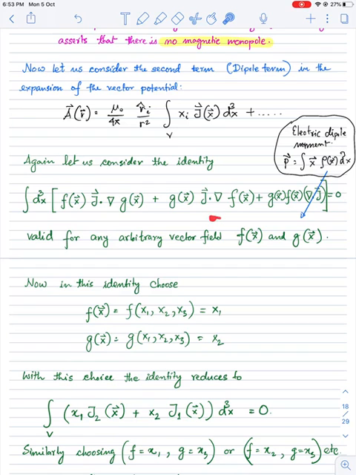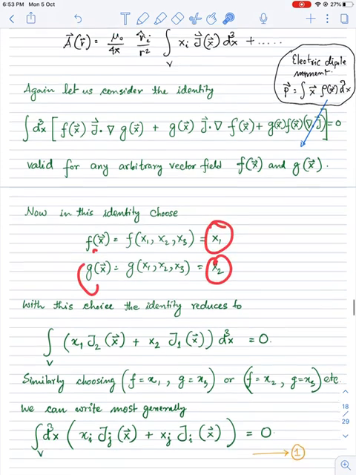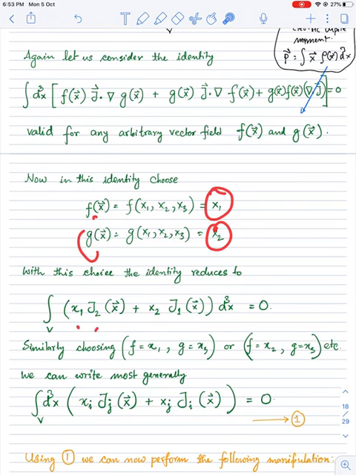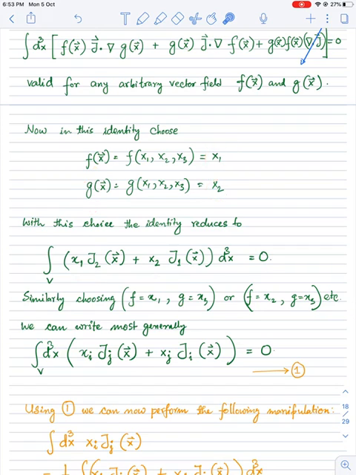So again, we use this identity here, and we can set these two terms to 0. Now if we choose f equal to x1 and g equal to x2, then we get the identity x1 j2 plus x2 j1 equal to 0. Similarly, choosing f equal to x2 and g equal to x3, we get x2 j3 plus x3 j2 equal to 0.